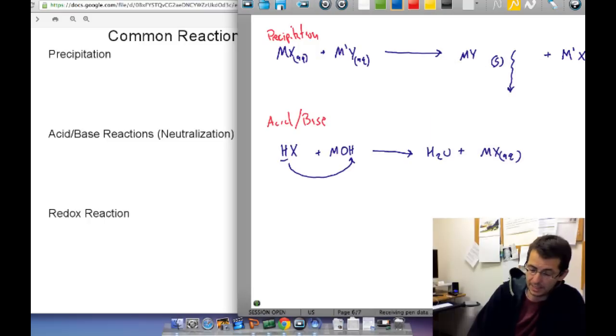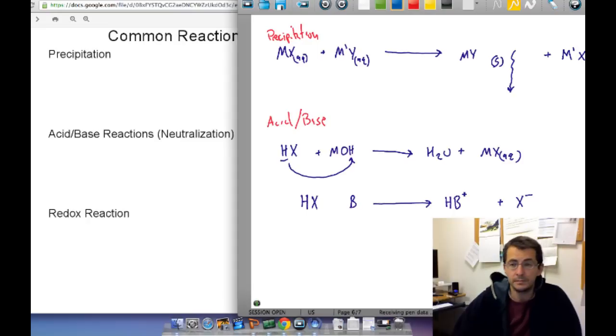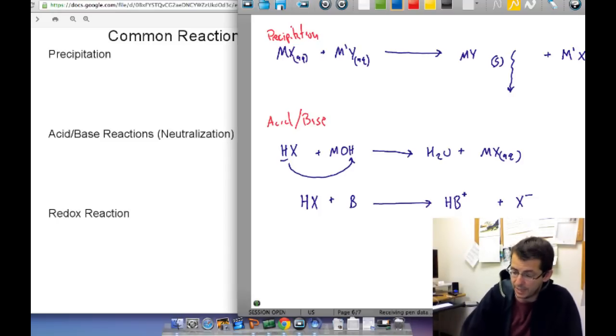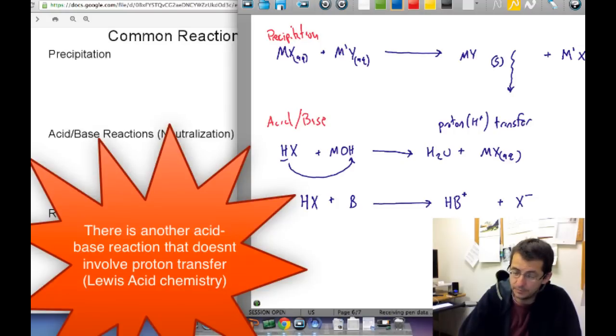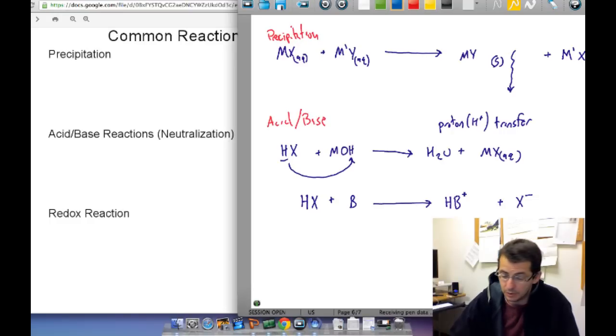Now, we can also see acid and base reactions that take place in the absence of water formation, which is also quite common. Again, these are also proton transfer reactions. So acid-base reactions usually involve, directly or indirectly, a proton transfer, H+ transfer. And these are, again, one of the fundamental reactions we'll see in solution.